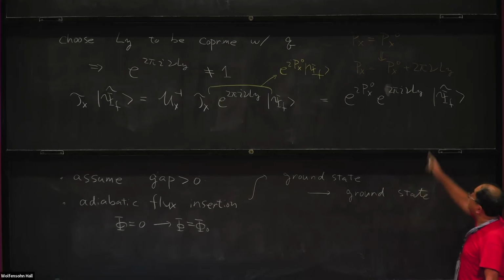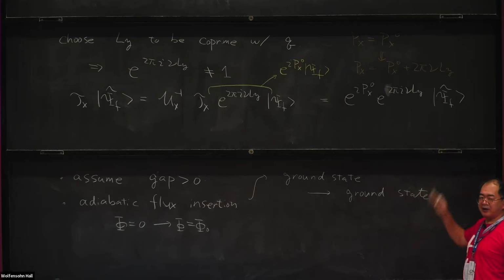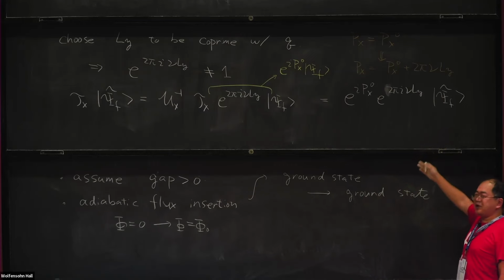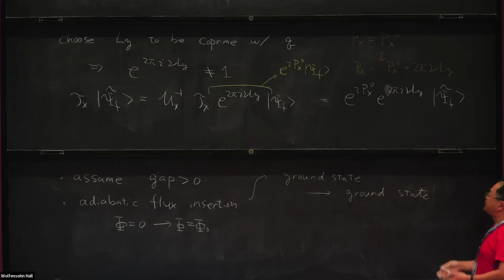But I have just shown that after large gauge transformation to get back to the original gauge, the momentum of the initial state and the momentum of the final state must be different if nu is not integer.